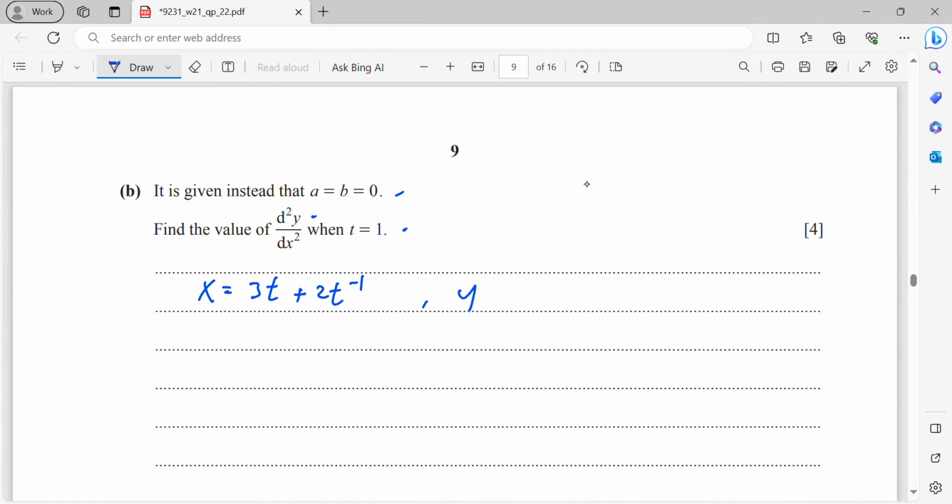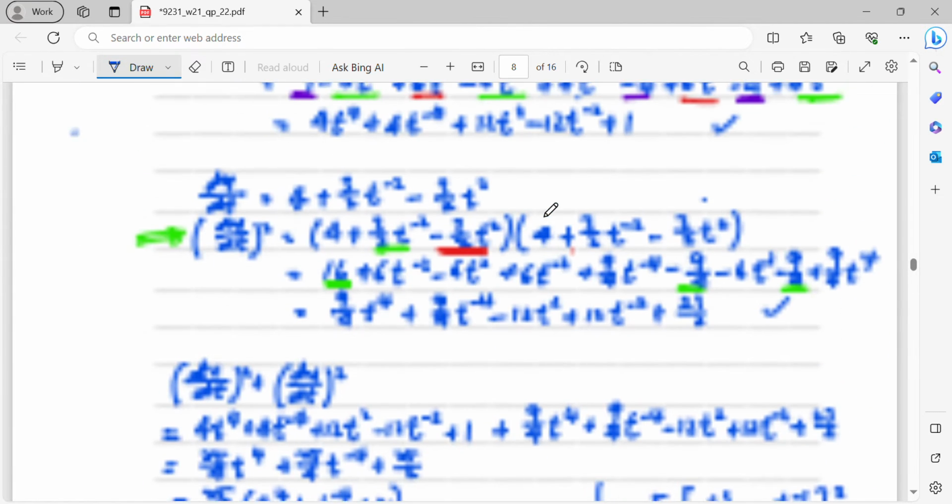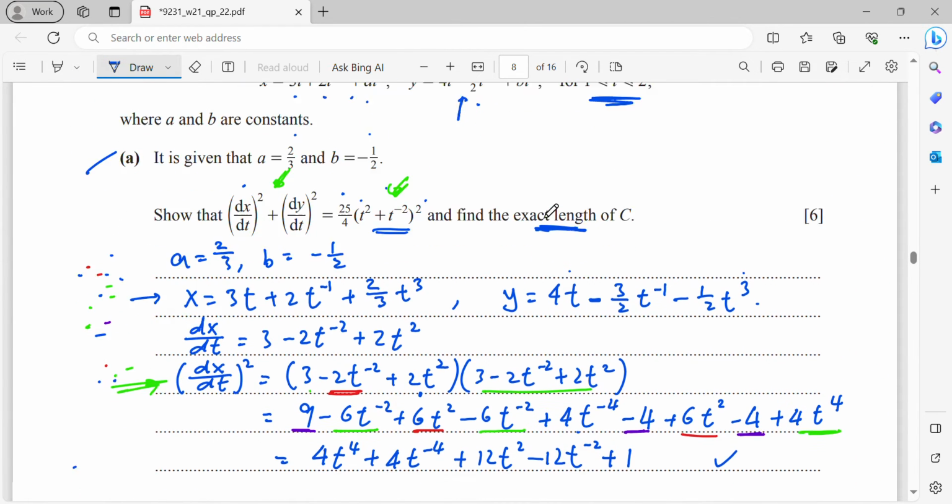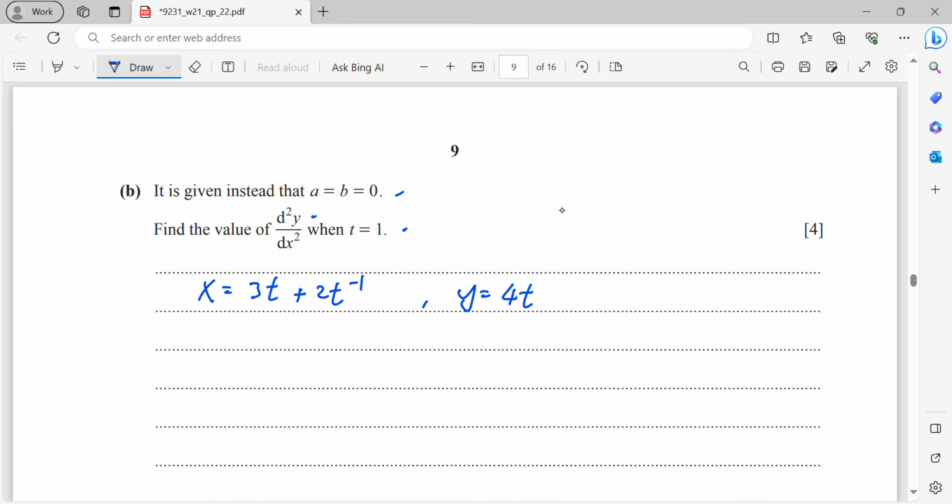So the y is 4t minus 3 over 2 t to the power of negative 1. Okay, so from here, just differentiate. dx dt will be 3 minus 2t to the power of negative 2. And then dy dt is 4 plus 3 over 2t to the power of negative 2.